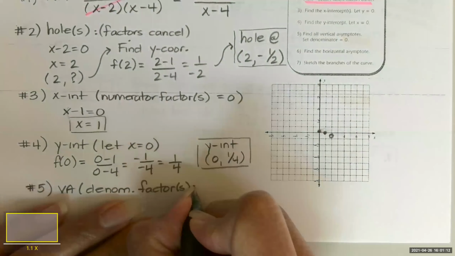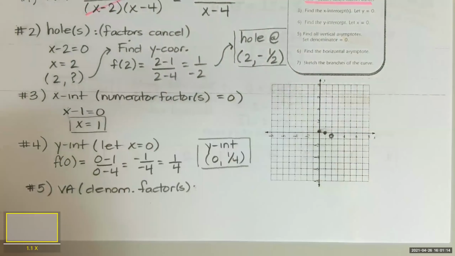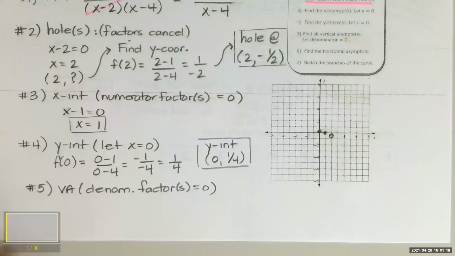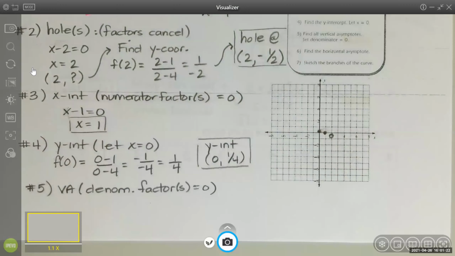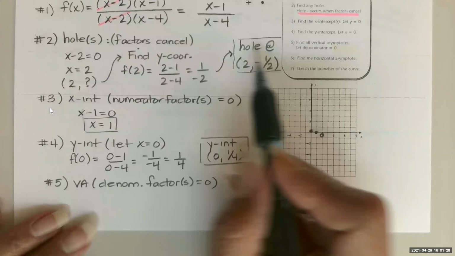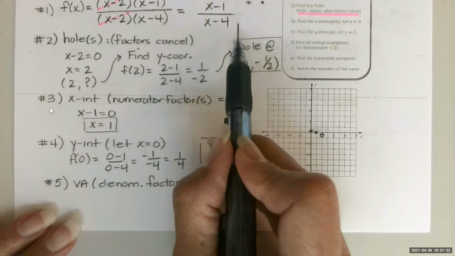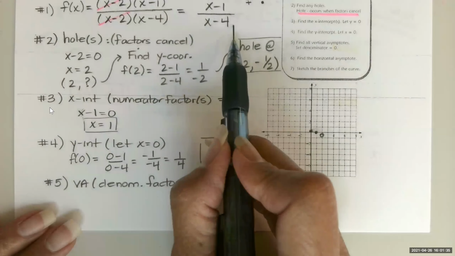Let me zoom out a little bit here so that we can see a little bit more. So if we look at our reduced expression here, the only factor we ended up having in the denominator was x minus 4. We just had 1. We didn't have more than 1.